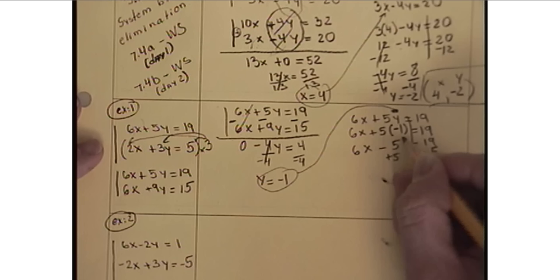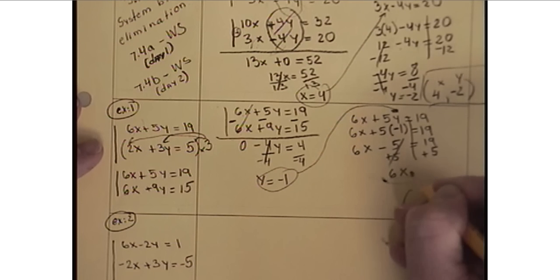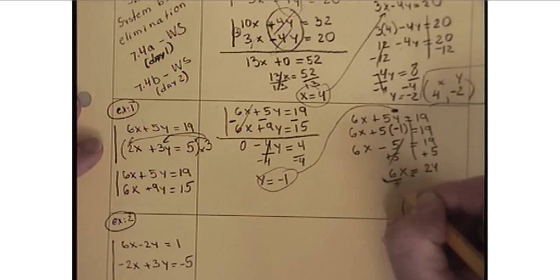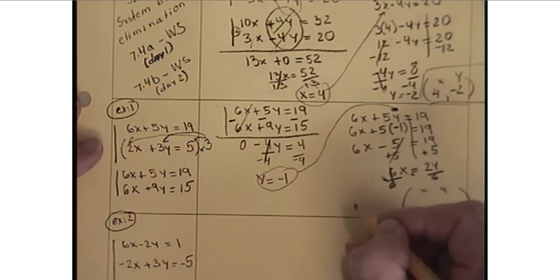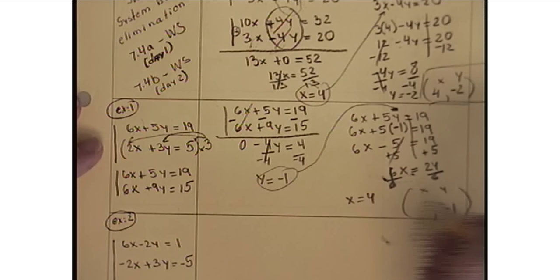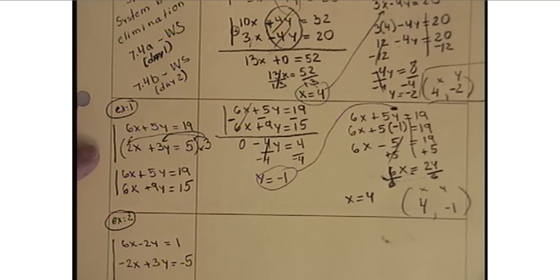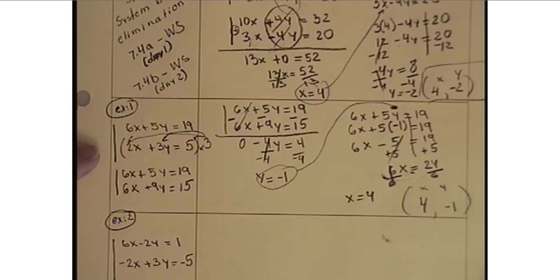Simplifying, 6x equals 24, divided by 6, so x equals 4. 4 for x, negative 1 for y will be my final solution. And we are done with this example.